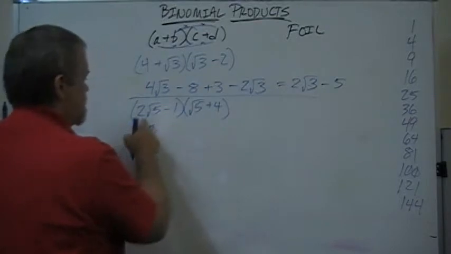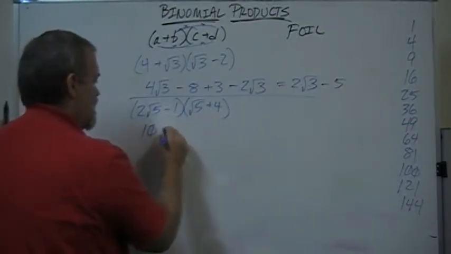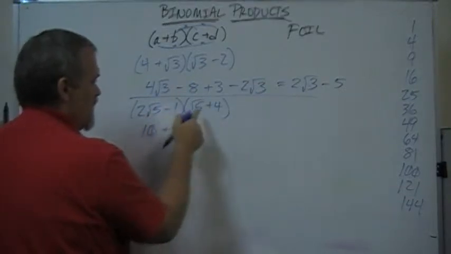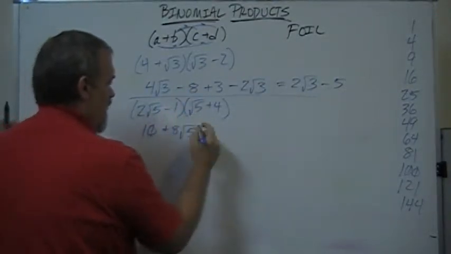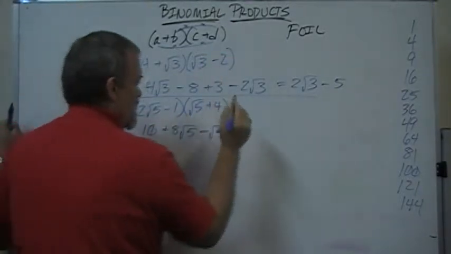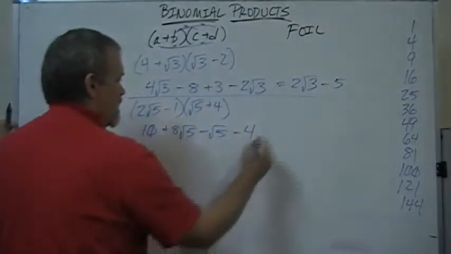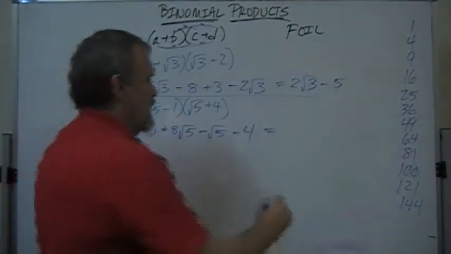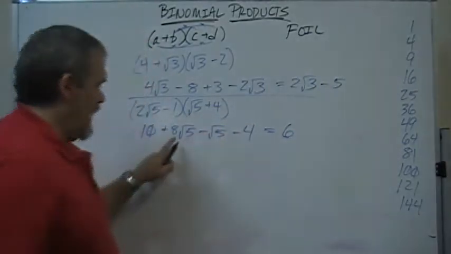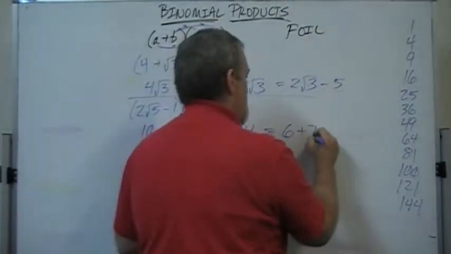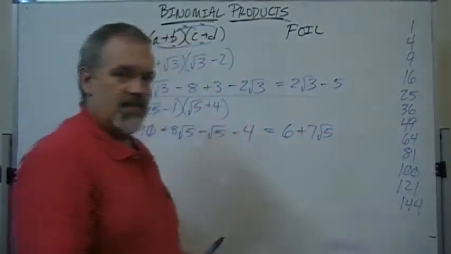The outside two, 2 root 5 times 4 gives me 8 root 5. The inside two, minus 1 times root 5 gives me minus root 5. And the last two, minus 1 times 4 gives me minus 4. Again, I can simplify. 10 minus 4 is 6. And I have 8 root 5, take away root 5, gives me 7 root 5.